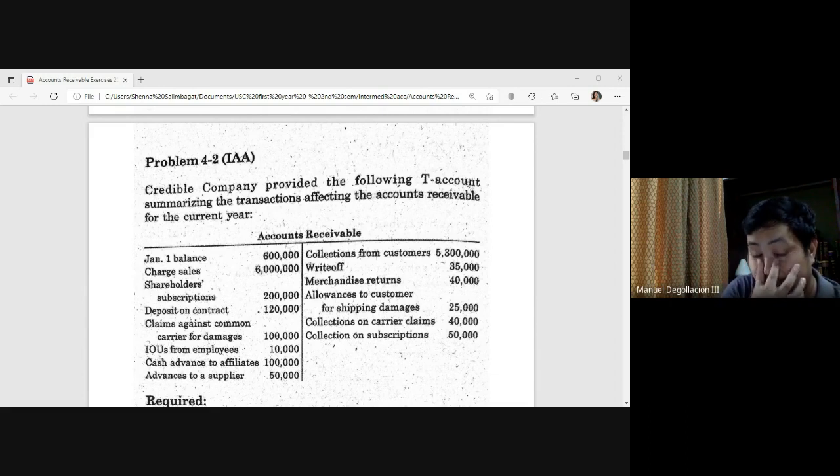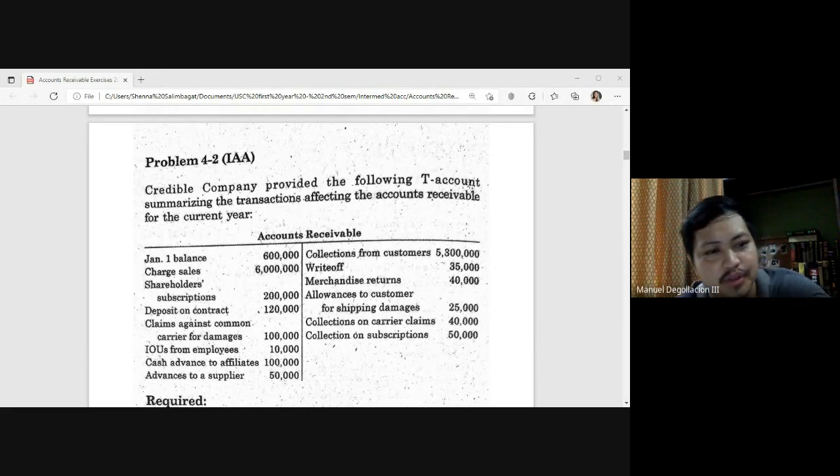But the problem here is we cannot rely on the postings on the debit side and the credit side because it includes items that should not have been posted in the ledger or the account of your accounts receivable. So our task is to sort through all these postings and take note only of those that will actually involve our accounts receivable account.